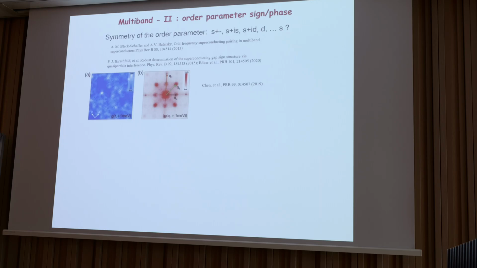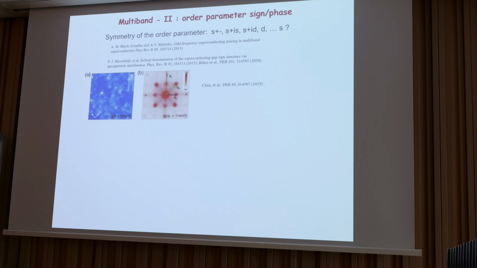What kind of phase-sensitive measurements were suggested? It was suggested to use quasi-particle interferometry for looking at the gap symmetry, and this is again an example from Professor Wen's experiment, in which they see a beautiful quasi-particle interference from different bands.